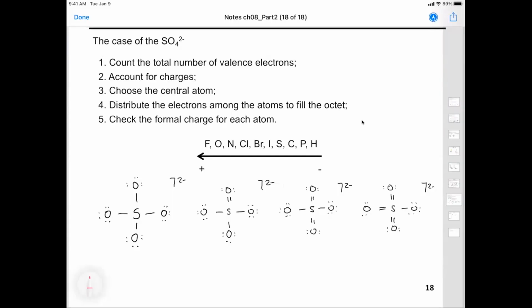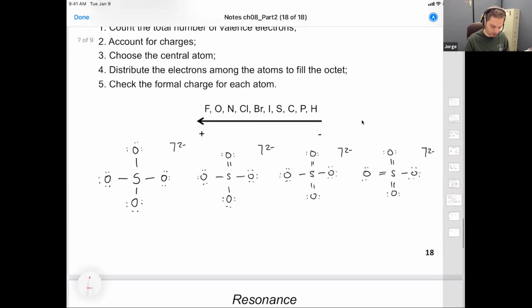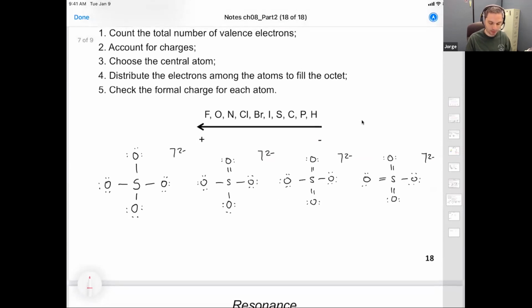So we also draw all the possibilities, and they are here. So I draw 4 possibilities. All of them are possible, but there is one structure that is the most probable to happen.